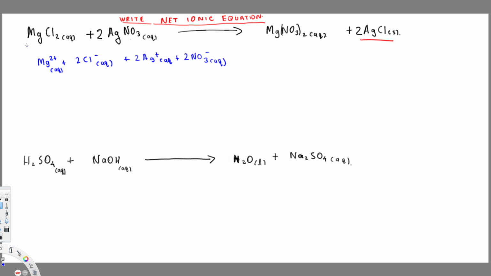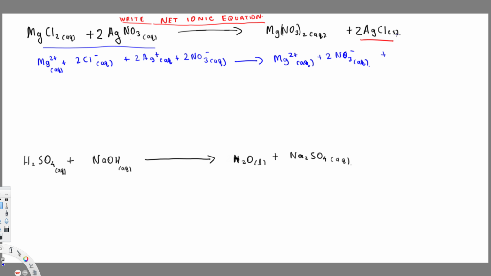This is this side of the equation, and on the other side of the equation we are going to have Mg2 plus aqueous and plus 2 NO3 minus aqueous, and then we have this one.